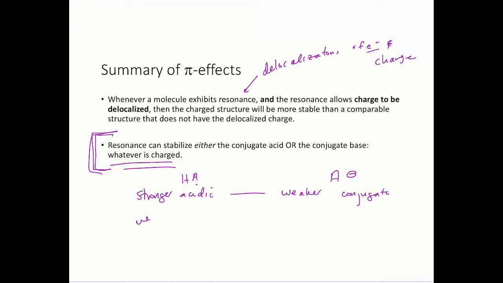And a weaker acid is going to correspond to a stronger conjugate base, maybe one that is not stabilized by resonance.